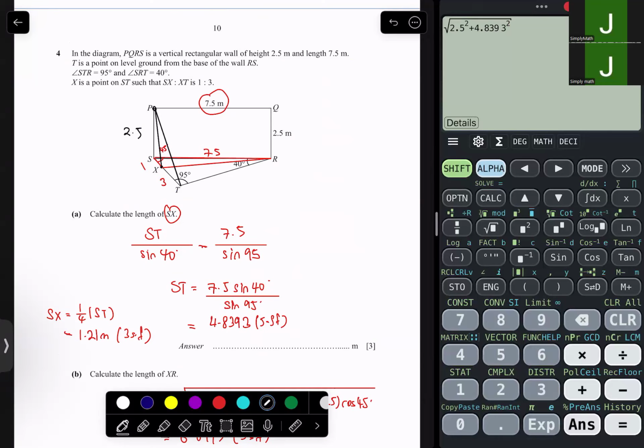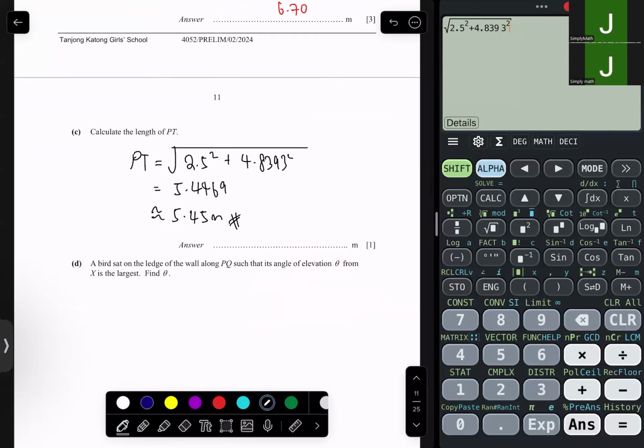And it looks like SX is the shortest distance too, right? Wait, let me think a little bit. Greatest angle of elevation from X is the largest.